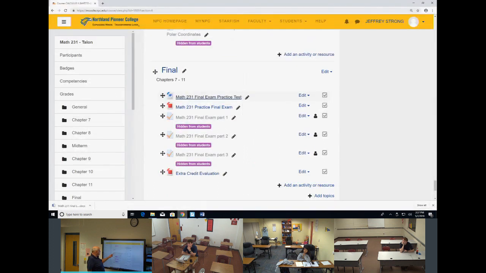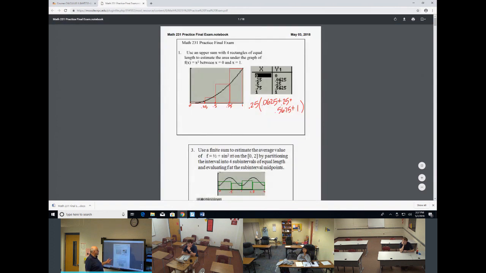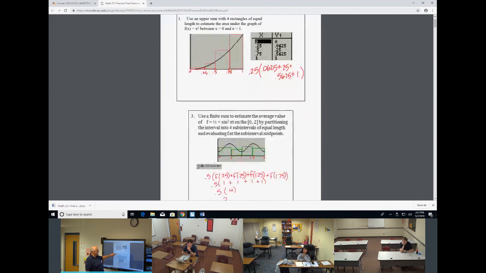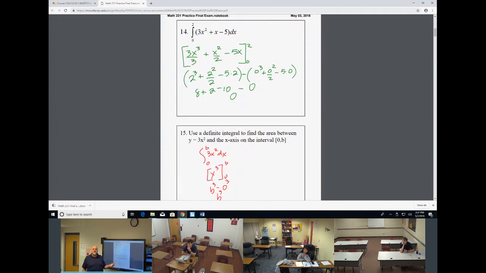So going back to the middle under this, these are some of the problems worked out. You can look through, and there's quite a few of them worked out for you. If there's any that aren't worked out that you want to ask me about, or you don't remember how to do, feel free to do that. I'm going to be checking my email a lot this coming week. And please don't forget the extra credit.